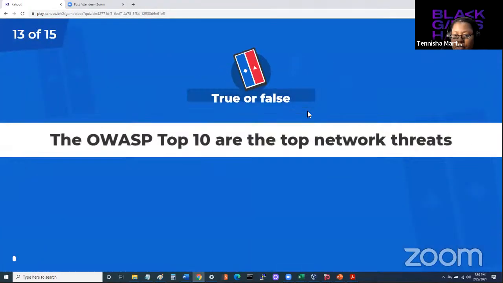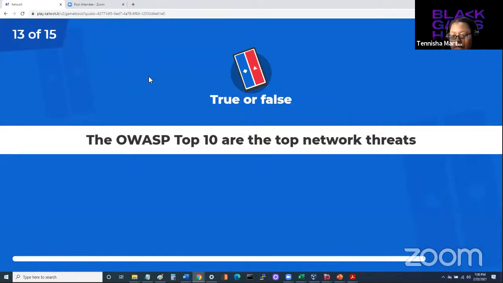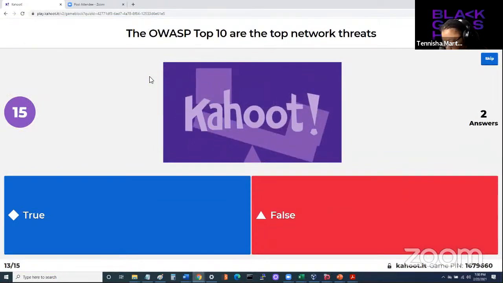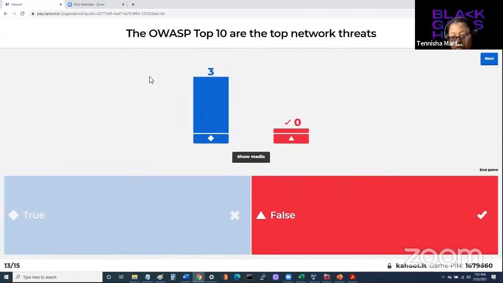All right, number 13, true or false? The OWASP top 10 are the top network threats. False, it is the top wireless. Maybe that was not clear. I'm sorry, web, not wireless. Open web.